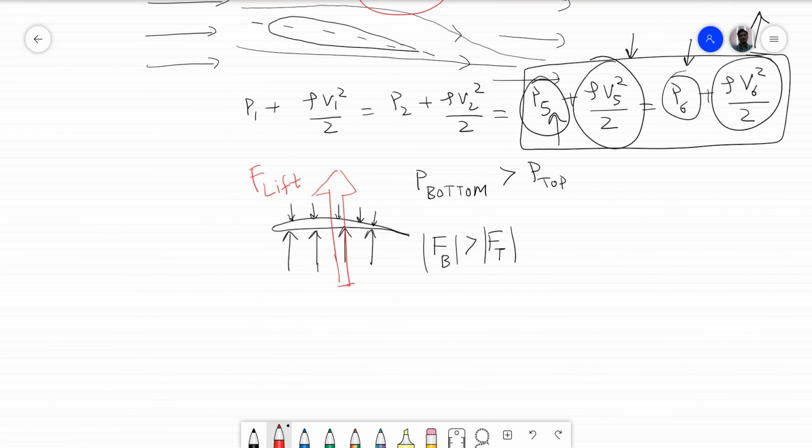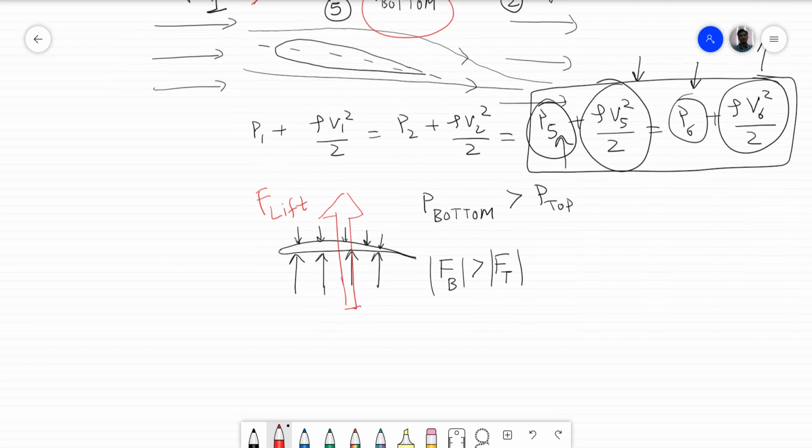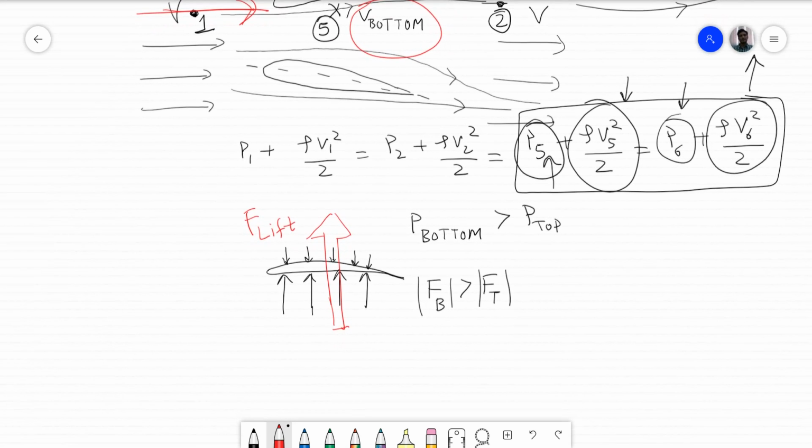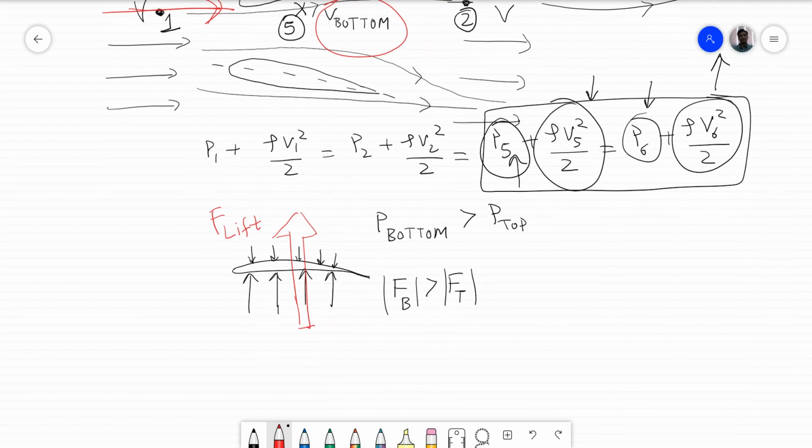So it depends on the speed of the airplane as well, how much lift you will generate, and the shape of the airfoil. So if some of you have traveled by a flight, you would have noticed that they tilt this airfoil, this shape, they tilt the wings while taking off and while landing.